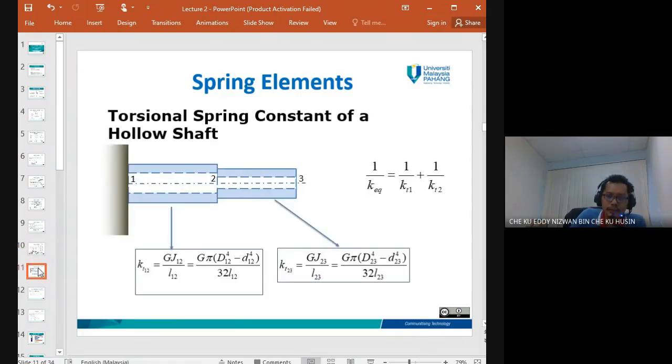Okay, so now we look at the spring elements. If we consider the torsional, which is a rotational motion, the simple example we take is a shaft.